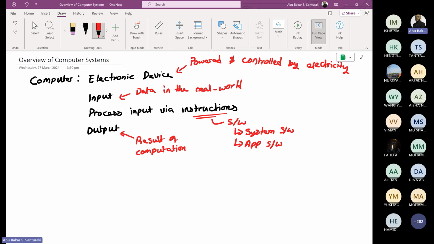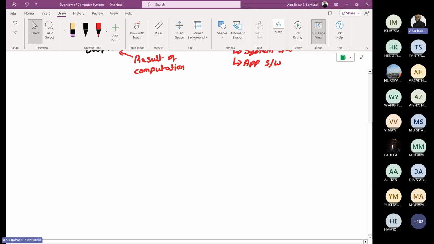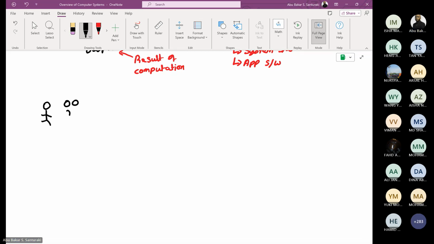So now it should start making some sense. In other words, let me give you an example. Let's say in the real world, this is me, for example. And let us say I have 6 apples. So this is me. I have 6 apples.